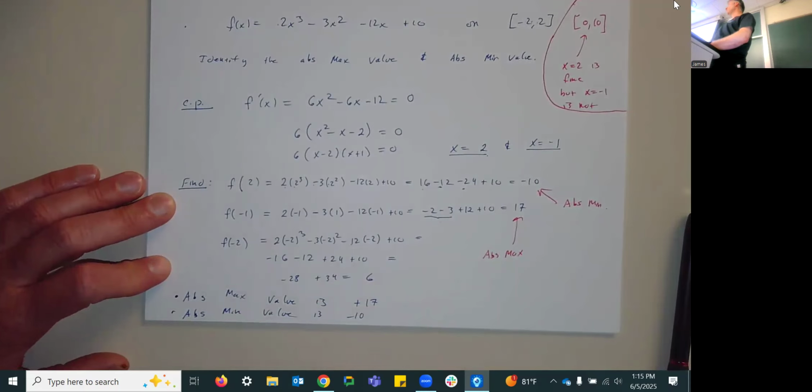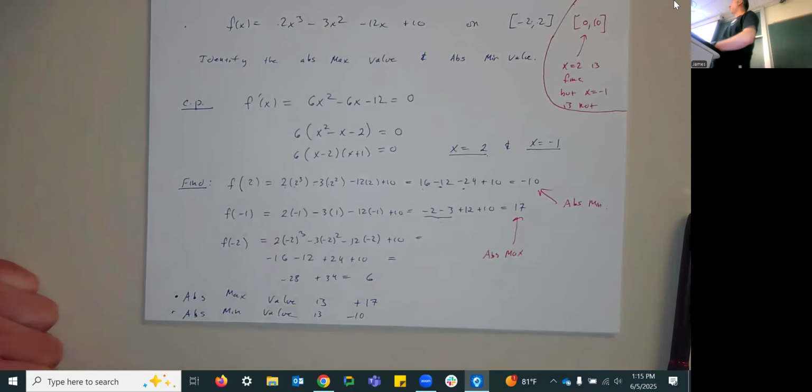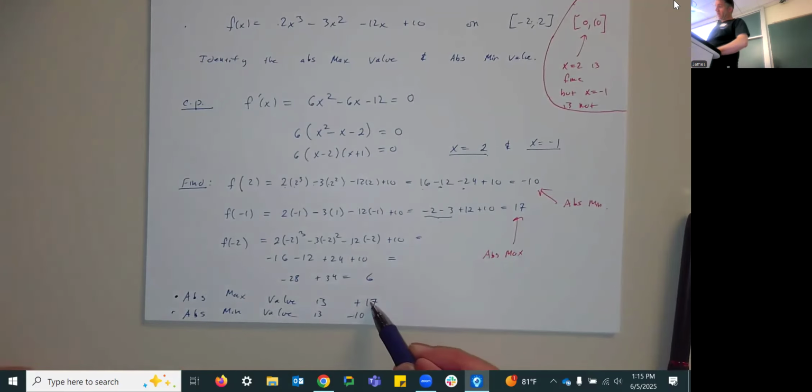Be careful with these questions. The question could have just as easily asked, where does the absolute maximum and absolute minimum occur? And the where would be x equal to negative 1 and x equal to positive 2. So if they ask for the value, it's the y part. If they ask for the where it is, it's the x part.